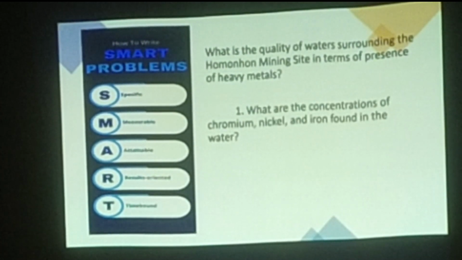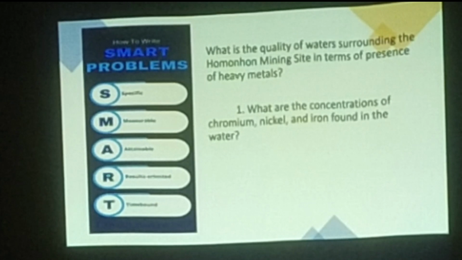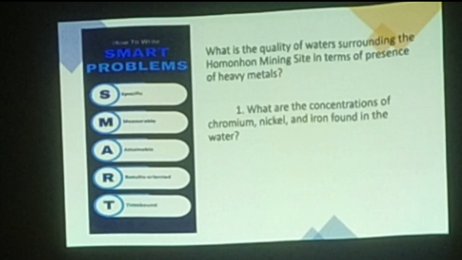What are the concentrations of chromium, nickel, and iron found in the water? So you know that, oh, okay, so they're going to measure those heavy metals. So it's more specific this time. And you know that measuring presence for heavy metals and concentrations would entail the use of a special instrument. Hindi lang yan tinatay-tay, nag-drop kayo.